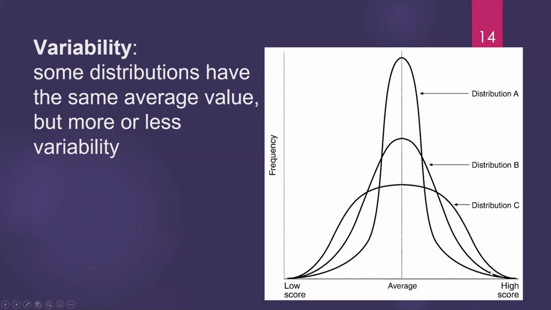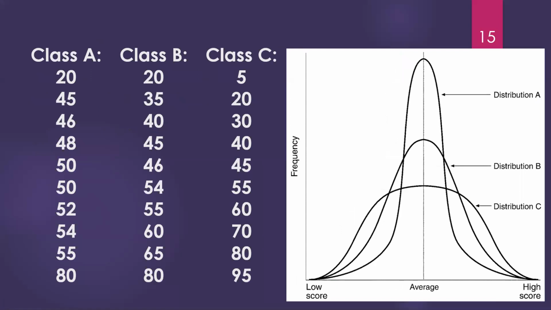In other words, they're more spread out. And if it's helpful to think about this visually, perhaps for all 3 of these, class A, B, and C, the mean, the average, is 50, but some are more spread out than others.